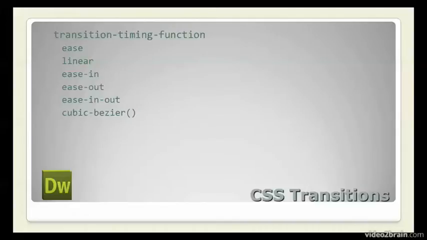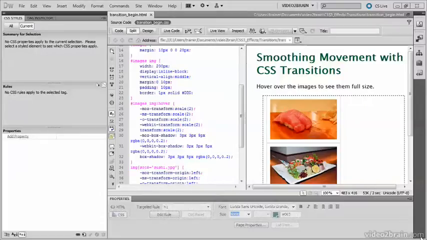Ease in out is similar to ease, but the slower pace at the start and end is more pronounced. Cubic Bezier takes 4 comma-separated numbers specifying the points of the Bezier curve used to calculate the easing. Unless you're a mathematic whiz kid who knows how to specify the points of a Bezier curve, you'll probably never use this final option. Right, let's put CSS transitions into action.